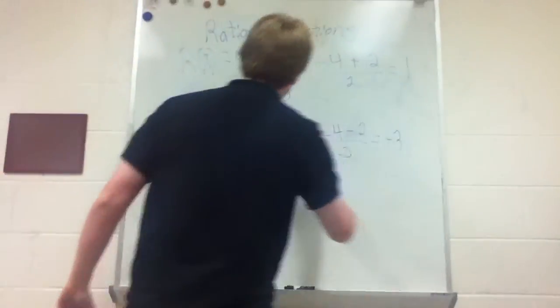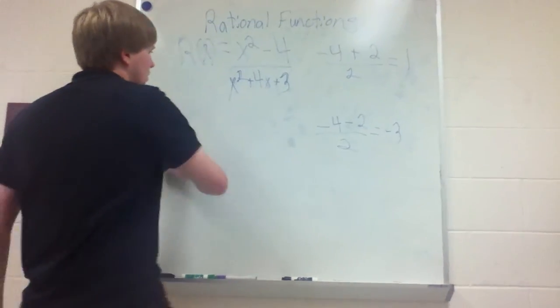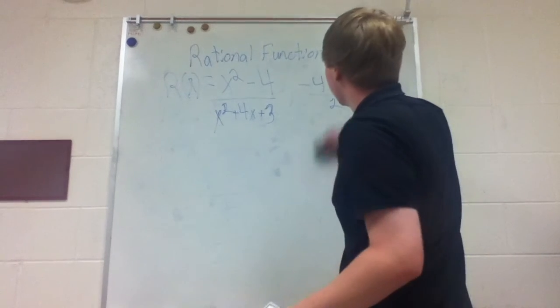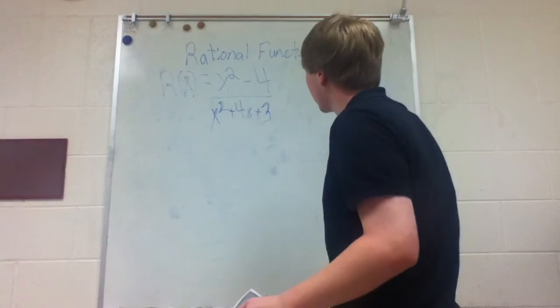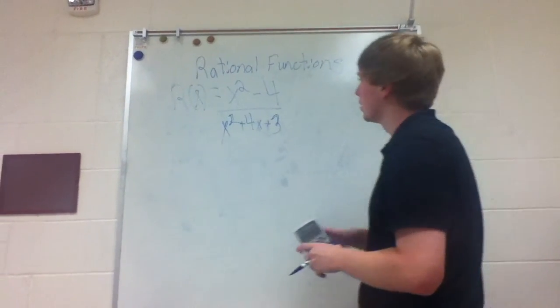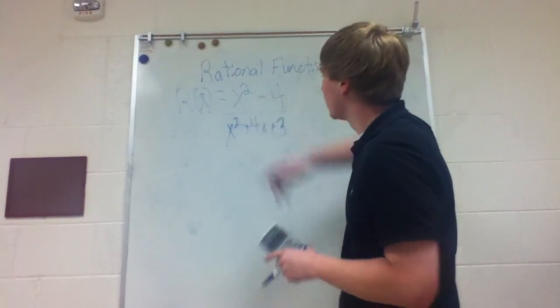Okay, to find your horizontal asymptote, you want to look at the numerator and the denominator. You're going to use the degree, which is 2 for the numerator.